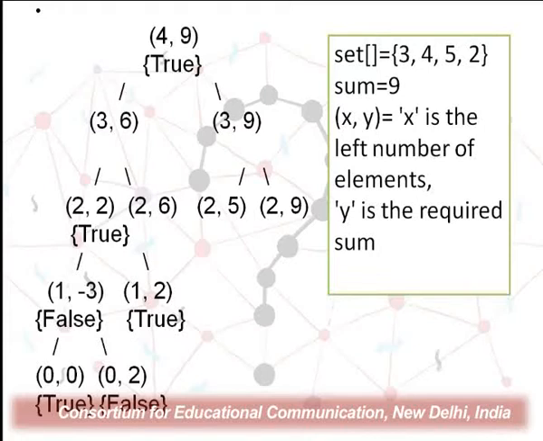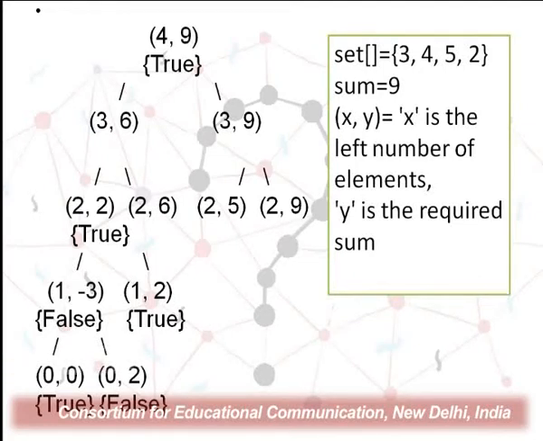So we are left with a sum of 2 yet to be achieved, and the number of leftover items is 2. And if we are not considering that particular item 4, we are still left with 2 numbers, which are 5 and 2, but the sum we are looking for is still 6.